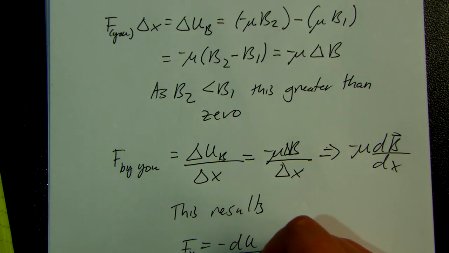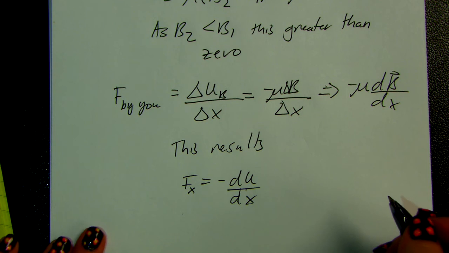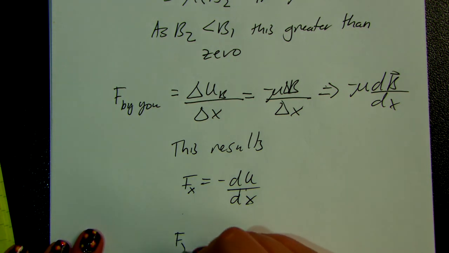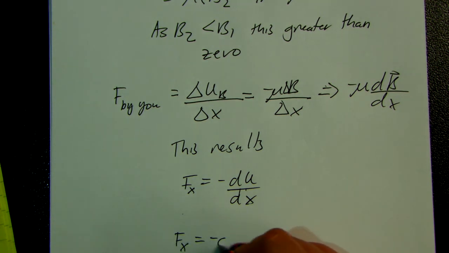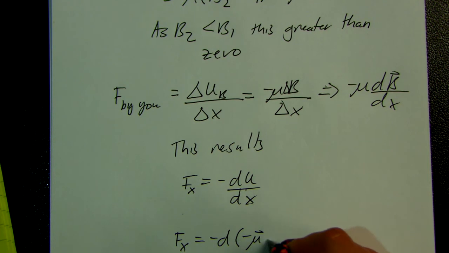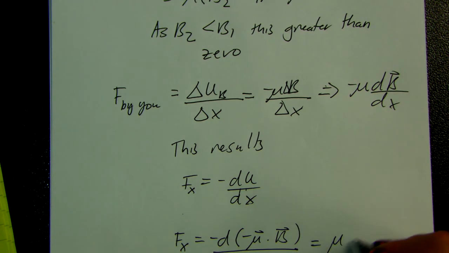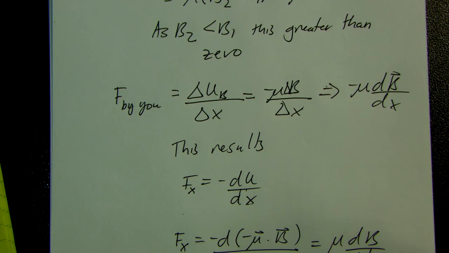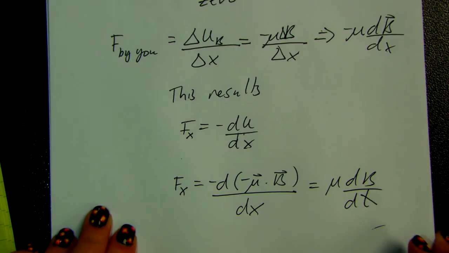Oh my goodness, we've seen this before, haven't we? And F sub X is equal to minus d of minus mu dot B over dx, which is equal to mu dB dx. That's an x, a very poorly written x.